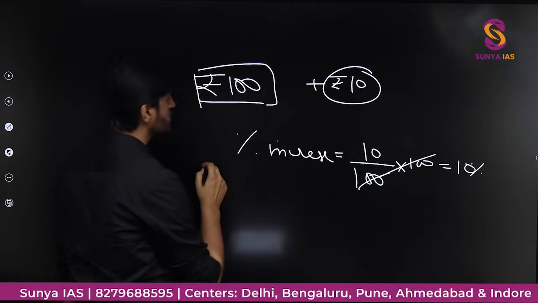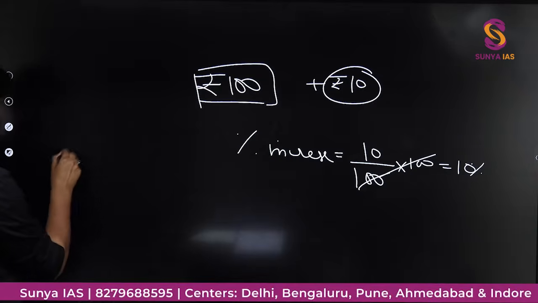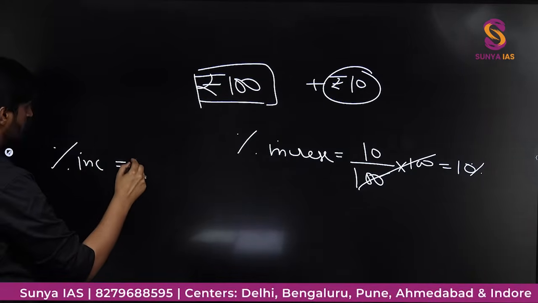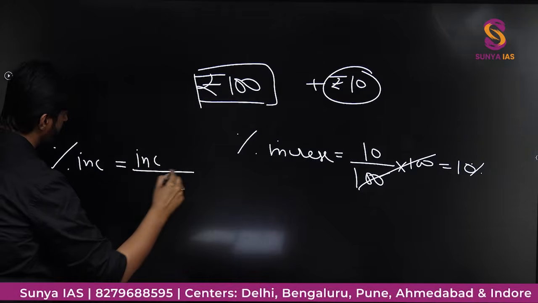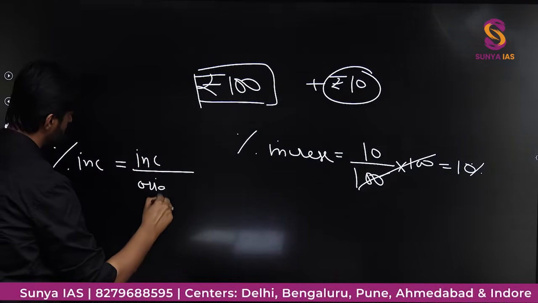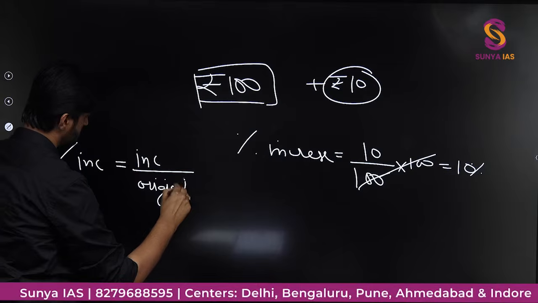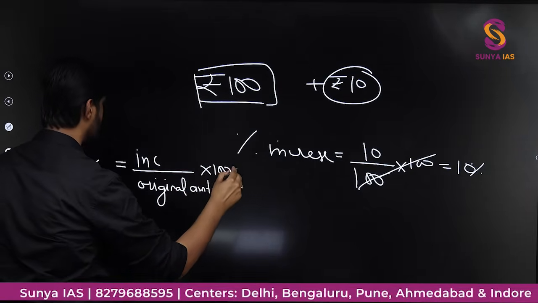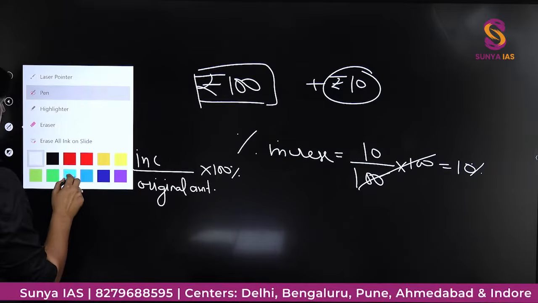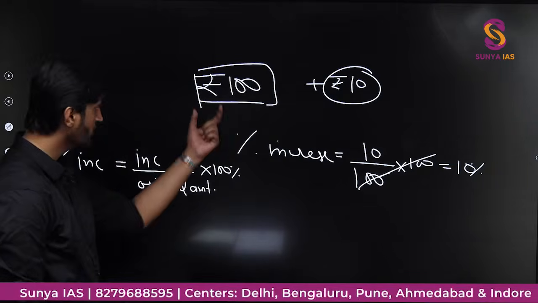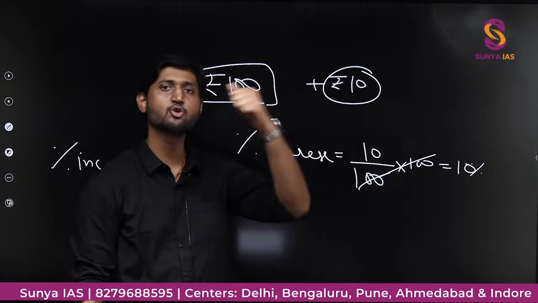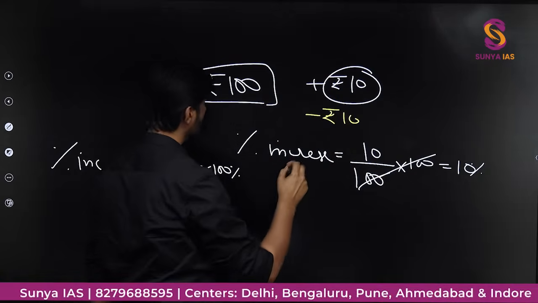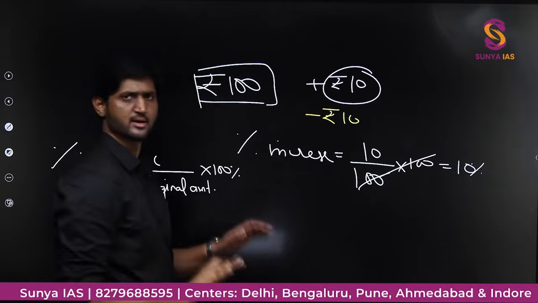So percentage increase is nothing but increase divided by original amount into 100. Okay, similarly you can have a decrease also. You have rupees 100 with you, I take rupees 10 from you, and in that case you are left with rupees 90 only.